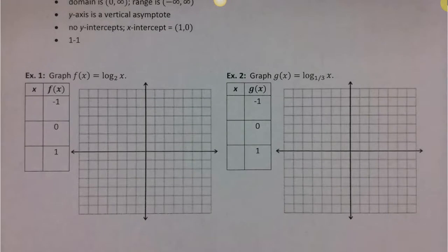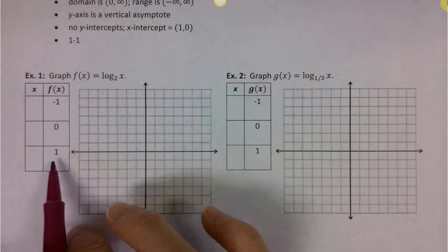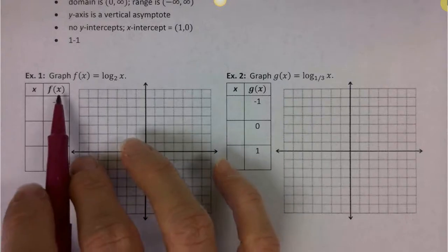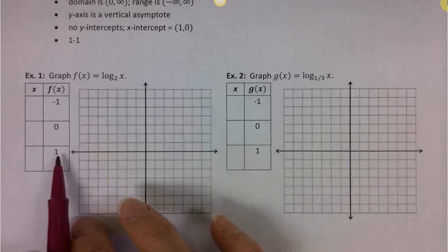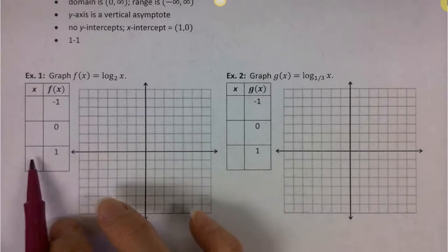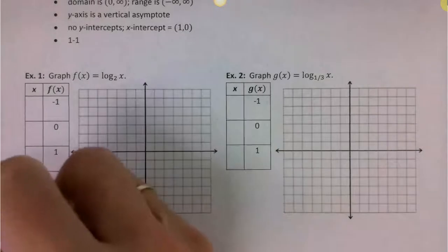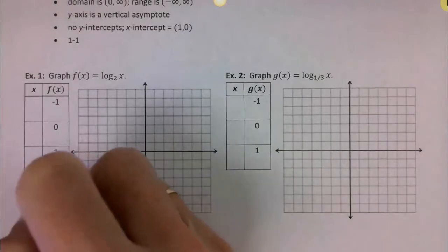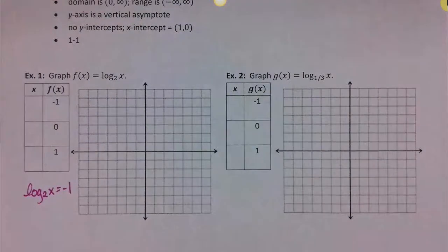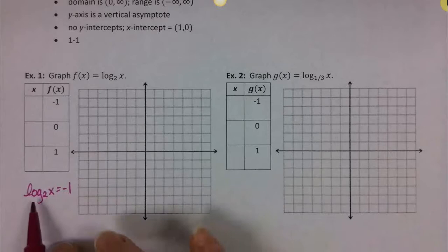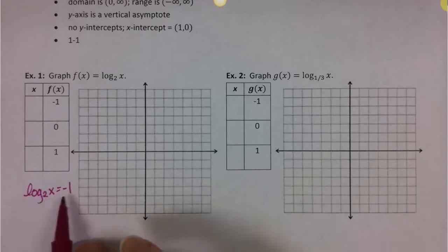So if we want to graph log base 2 of x, I'm going to plug these different values in, and notice that I have them in the f of x or the y column. So I'm going to be plugging these numbers in for y and figuring out the x value that corresponds with them. And that's because if I want to use the -1, so I want to find the x value that makes log base 2 of x equal to -1 true, I can think of this as an exponential equation.